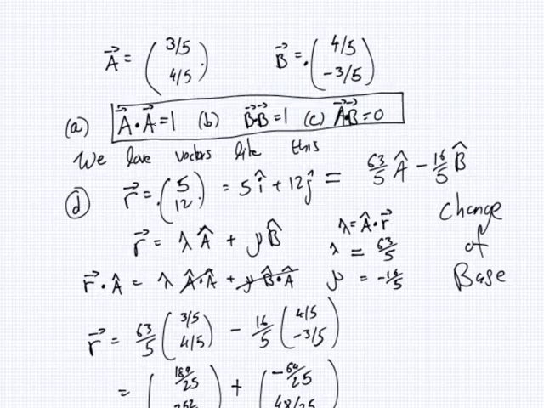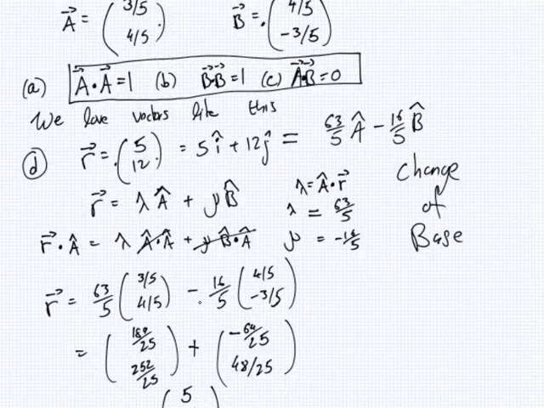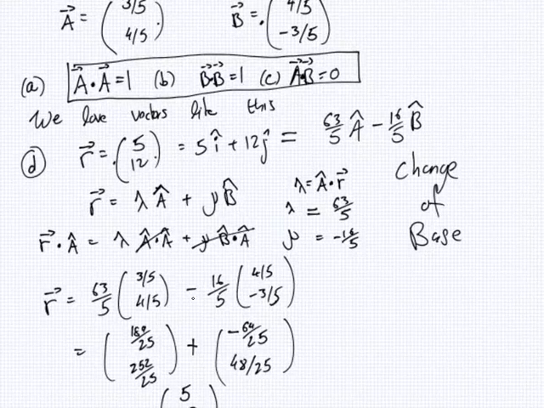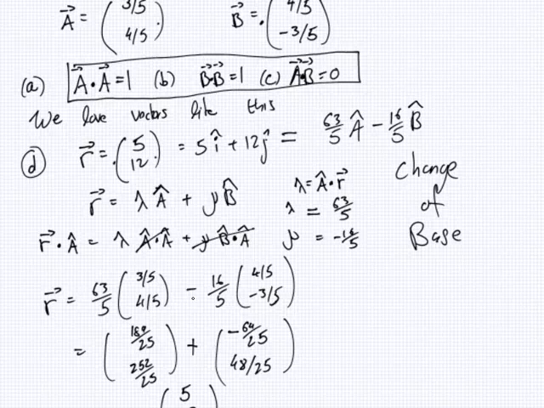They dot together to make 1 by themselves, and when they dot each other, they make 0. When that happens, it makes it very easy to find the lambda, because you can just dot by A to get the lambda and dot by B to get the mu. This is something that you'll do more of next year, but it's one reason the dot product is useful.